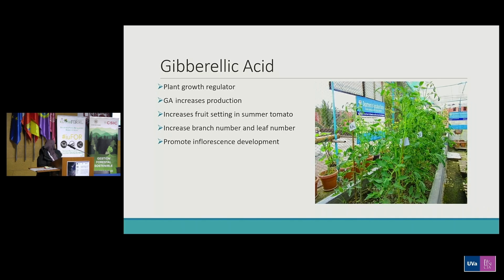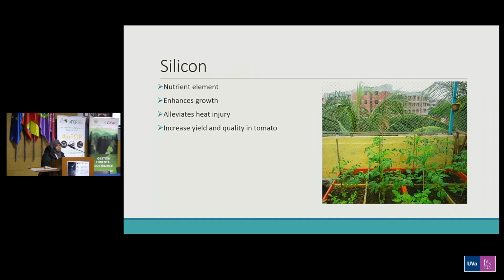During my research, I have used one plant growth regulator, that is gibberellic acid. It is found that gibberellic acid can increase the production of tomato during summer heat injury, and also it increases fruit setting in summer tomato. It increases the number of leaves per plant and number of branches per plant.